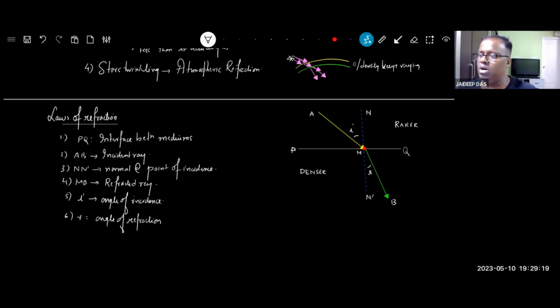So let's come to our laws. The first law is the same as the second law of reflection.